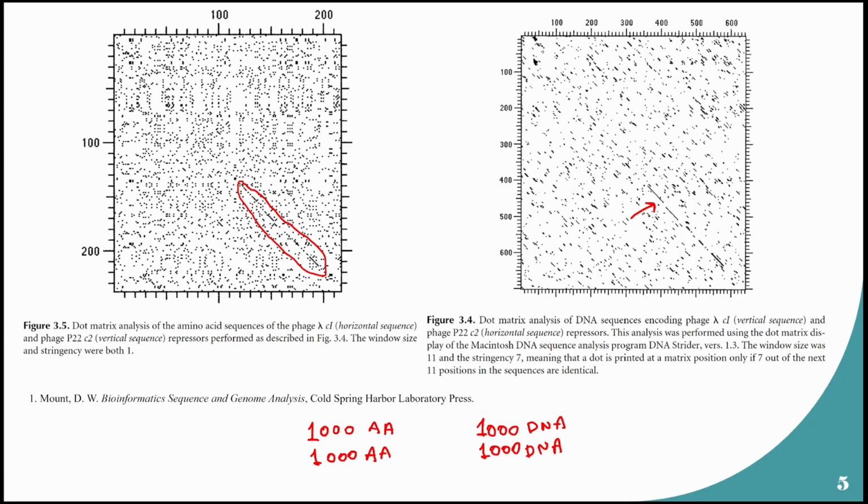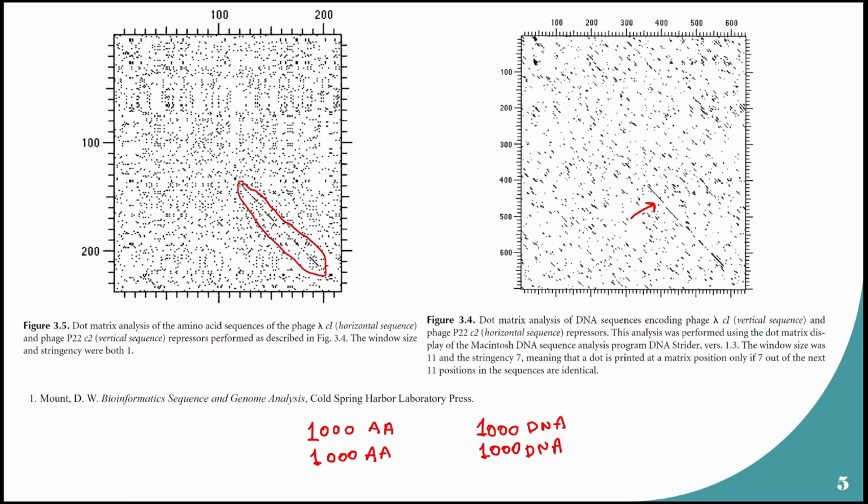In which of these cases will there be more noise, or more dots, in the dot plot?